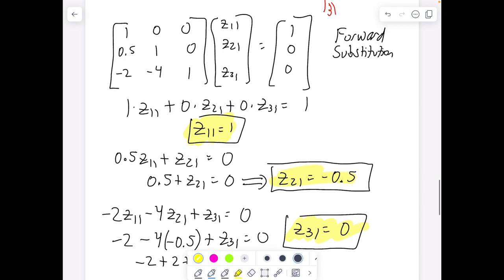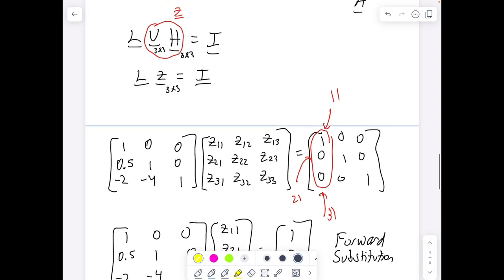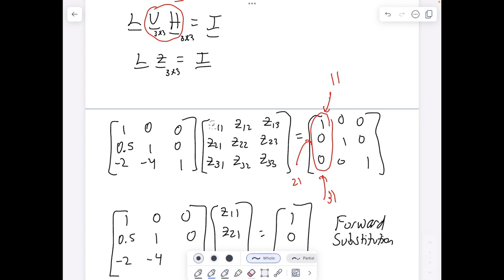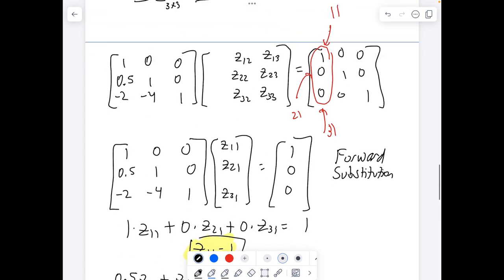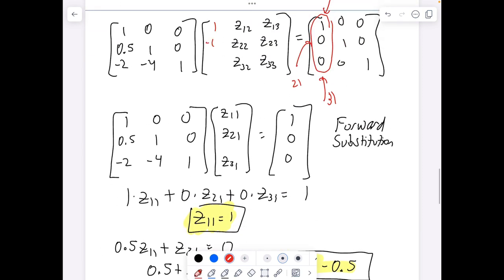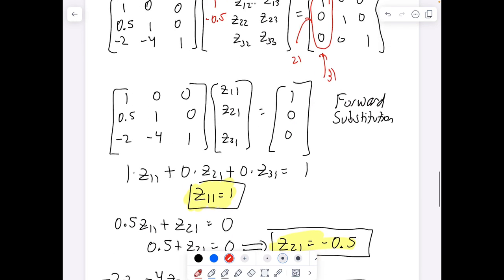So we have 1, negative a half, and 0. Maybe we'll plug these in here, Z11 and all these, I'll do it in red: 1, negative a half, and then 0.